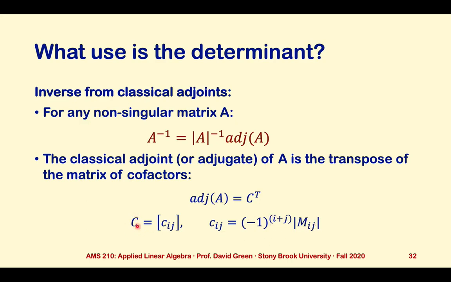So the matrix that we get by making every element a different cofactor, when we take the transpose of that matrix, we get the classical adjoint. You do not need to memorize this form directly. You should be aware, however, that it exists and be able to use it if you need to.